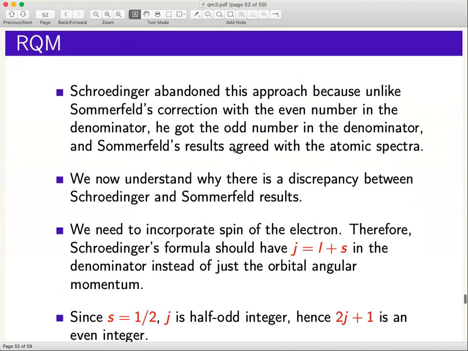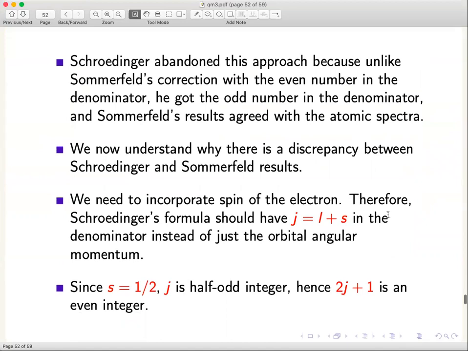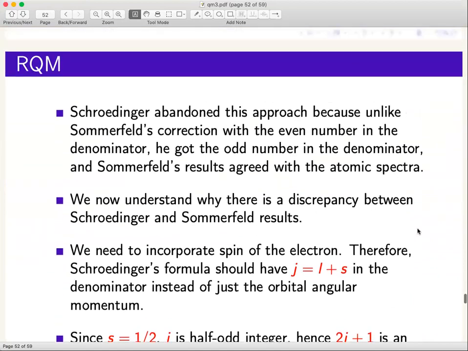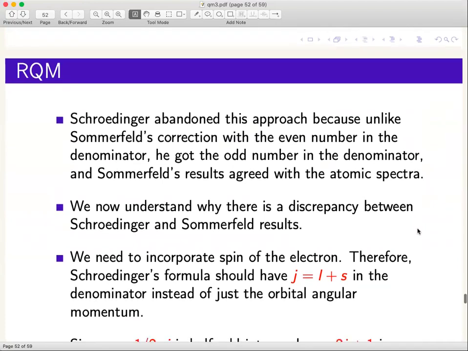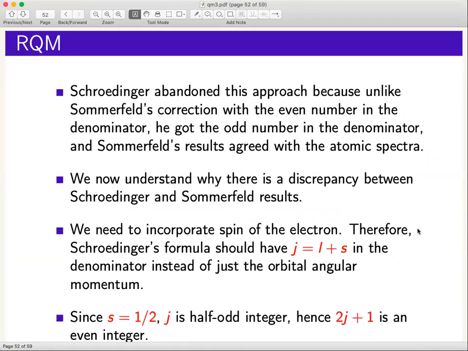So let's try to understand why there is a discrepancy between Schrodinger's and Sommerfeld's results. First, if you are looking at this problem as an electron going around a nucleus, then you need to incorporate the spin of the electron.